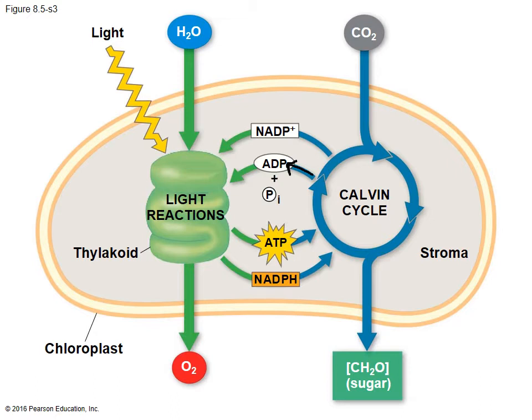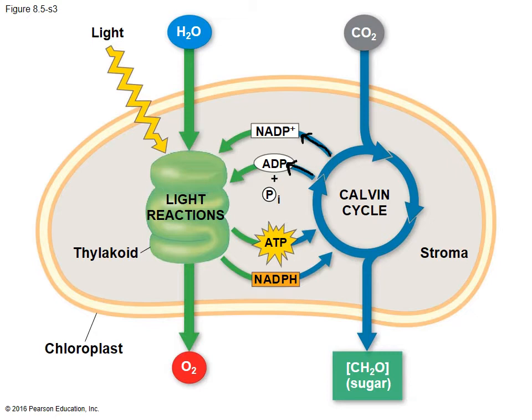NADPH is going to come into the Calvin cycle. It will also be oxidized, regenerating NADP+ and sending that back to the light reactions so that this process can continue.